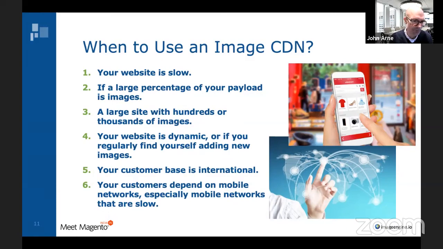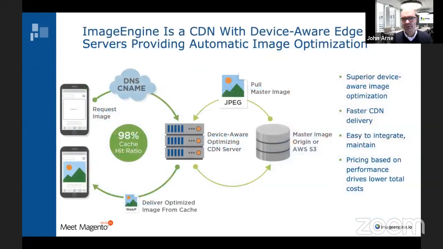You have global traffic, which means that you need a CDN, and you have a significant portion of mobile users, and this is also where ImageEngine really shines, where ImageEngine will focus especially on mobile devices and optimize.